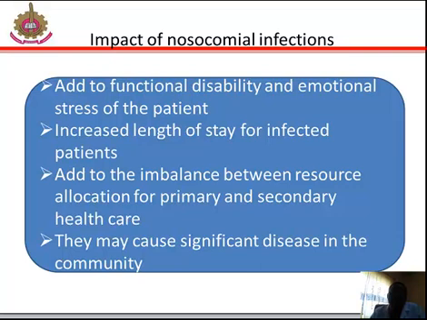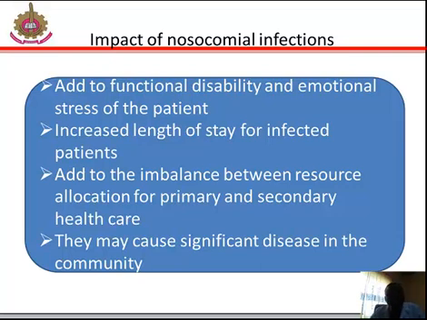It adds to the imbalance in resource allocation between primary and secondary health care, because the economic cost in this case is considerable. The government or policy makers are not actually funding this kind of hospital-acquired infection, because the money will be diverted to management of potentially preventable conditions rather than spent on nosocomial infection.